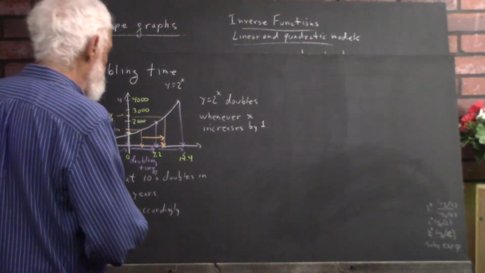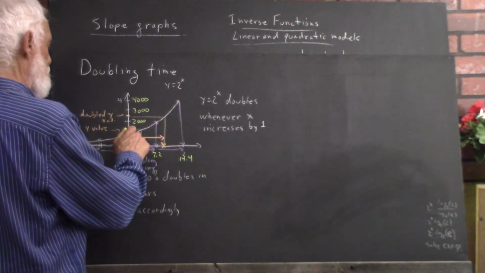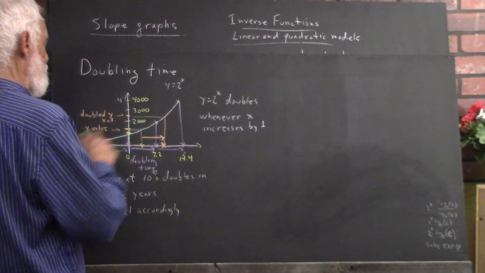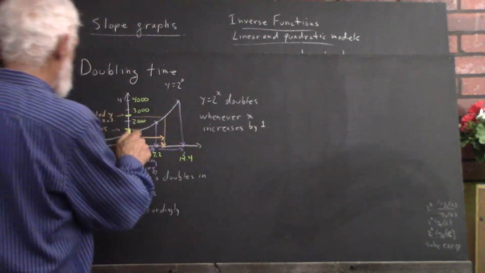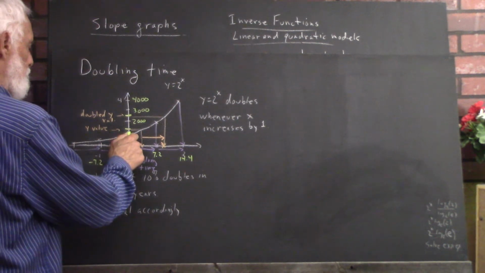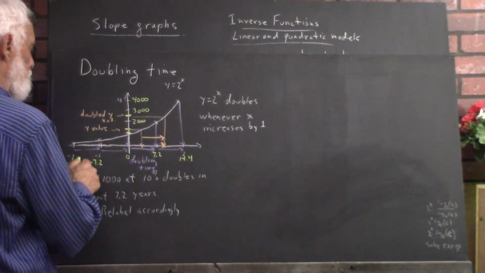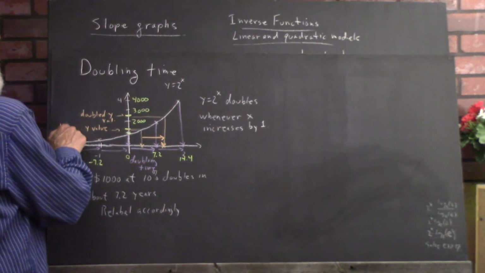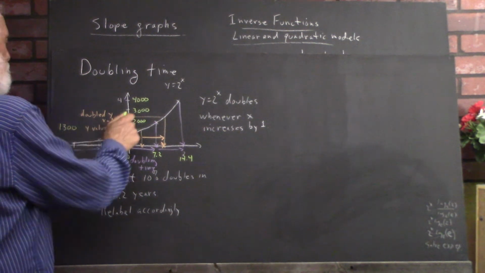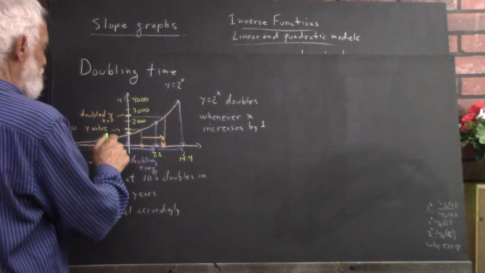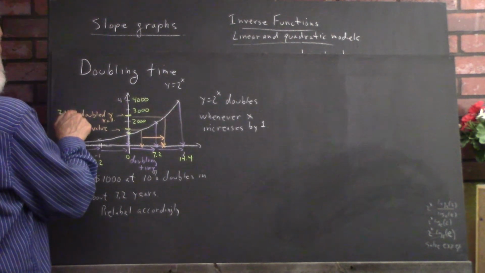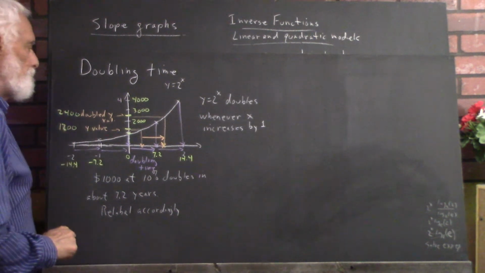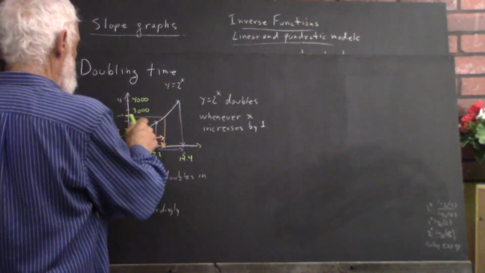So now we can see that if we have this y value and then the doubled y value, now what's this y value? This y value is between 1,000 and 2,000. It looks like about 1,300. Looks like the value here, and I'm going to say maybe that's 1,200. And this is 2,400, because it's going to be doubled. Okay.